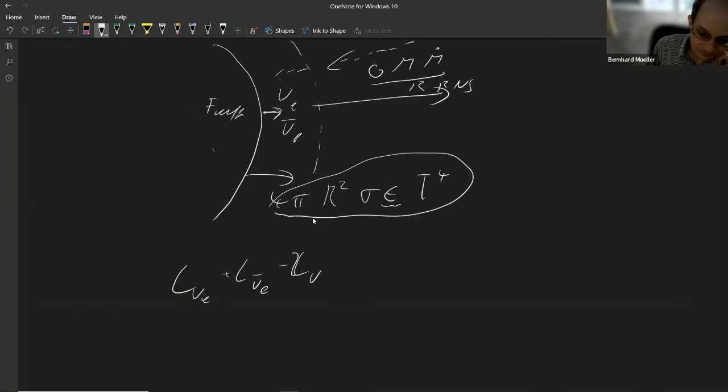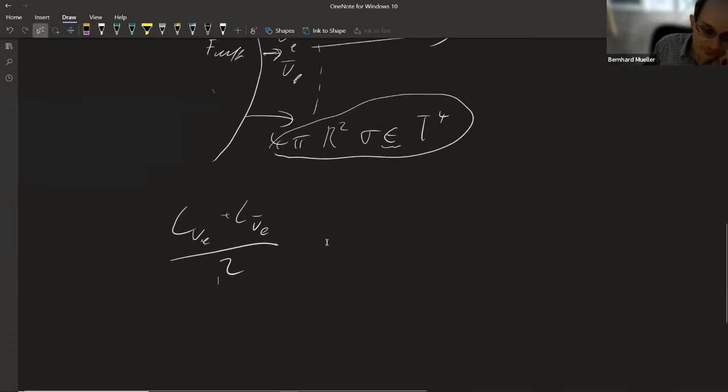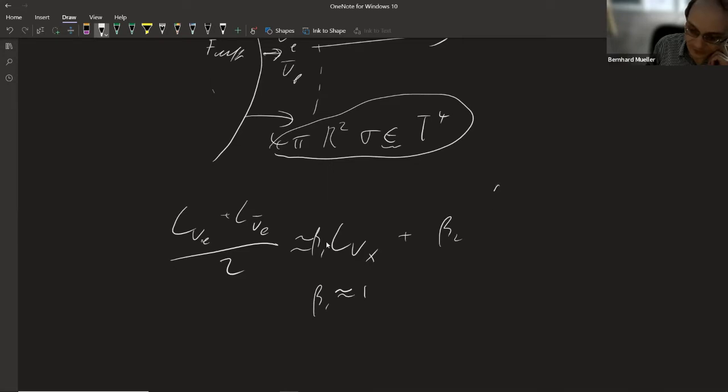That's of order, yeah, so we can really say that the averaged luminosity of one of these flavors is about that of the heavy flavor neutrinos, times a coefficient beta 1 of about 1, plus the accretion luminosity, and the factor here, beta 2, is also somewhat smaller than 1.